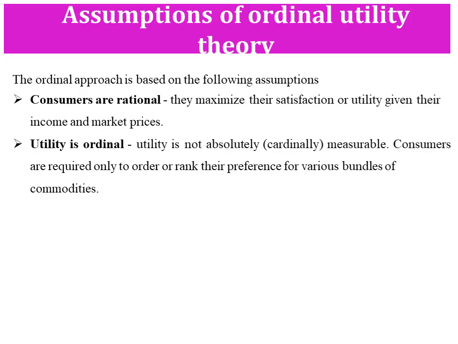You can say the first preference, the second preference, fourth preference, or tenth preference. But we cannot say that is 100 utils, 20 utils, and the like in absolute terms. That is why we say that utility is measured in ordinal terms under the ordinal approach.